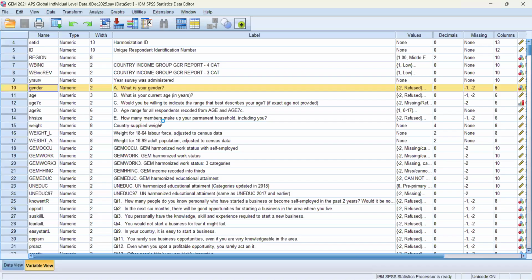How many members make up your permanent household? So they want to check the number of people in their household. So if you are writing a study, maybe family size and what? Someone should give me an idea. Let's write a paper here. Maybe if you have a family size.